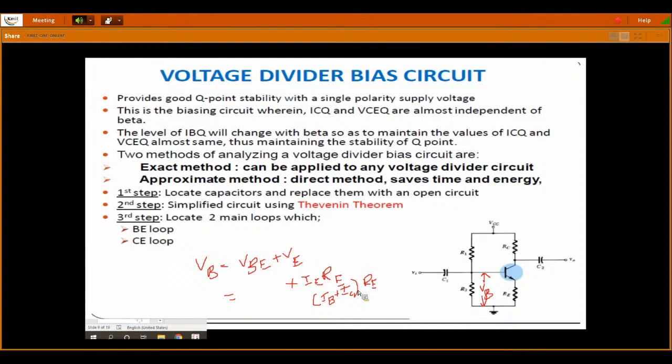Using Thevenin's theorem, we replace the input circuit with the equivalent Thevenin voltage in series with a Thevenin resistance. Like fixed bias, we have two loops: the first is the base to emitter junction loop, and the second is the collector to emitter output loop, right?